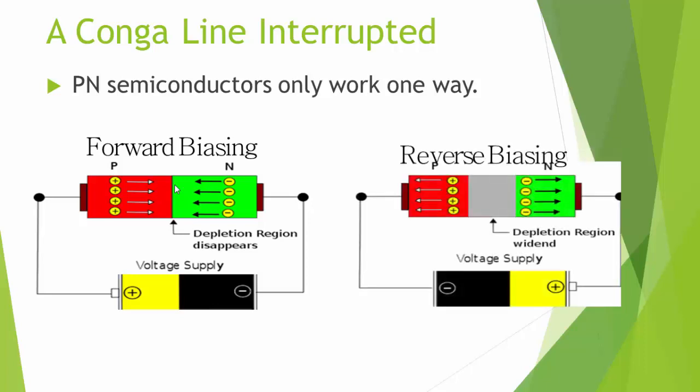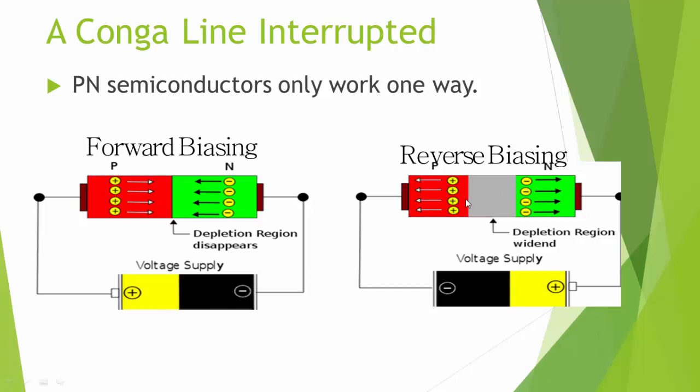When we reverse the potential, called reverse biasing, our electrons try to move in the opposite direction. And our holes move in the opposite direction. Well, here's the weird thing about that. The positive semiconductor can't produce any electrons.